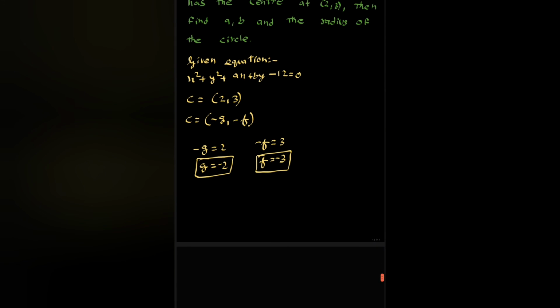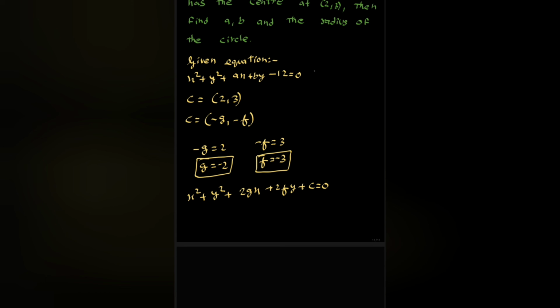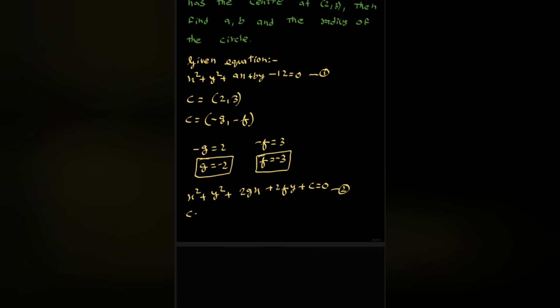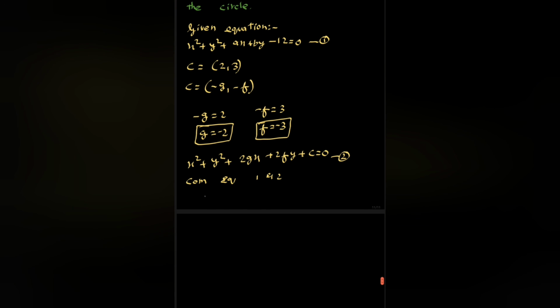And what is the general equation of a circle? That is x square plus y square plus 2gx plus 2fy plus c equal to 0. So compare equation 1 and equation 2. Then we get 2g is equal to a, then g is equal to minus 2.